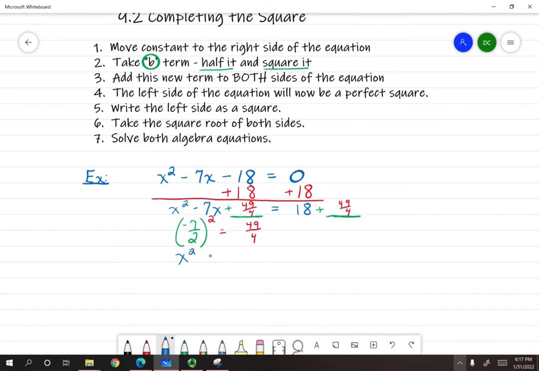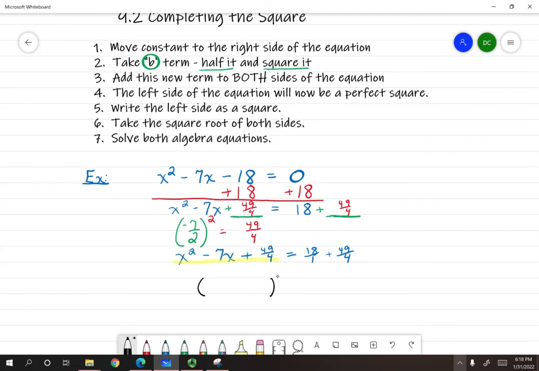We've got x squared minus 7x plus 49/4. That's equal to 18 over 1 plus 49/4. Okay. The left side of the equation is going to be a perfect square. This guy right here is a perfect square.